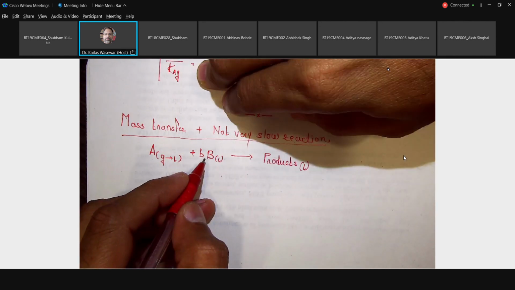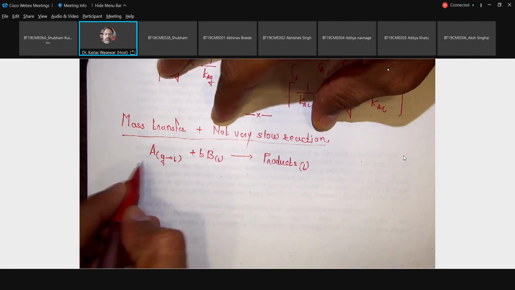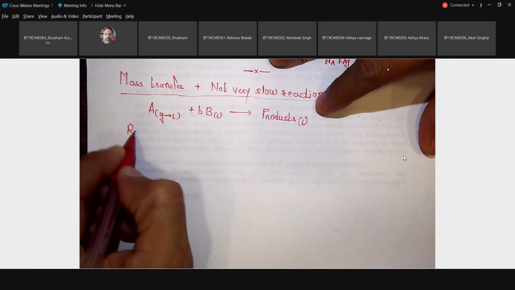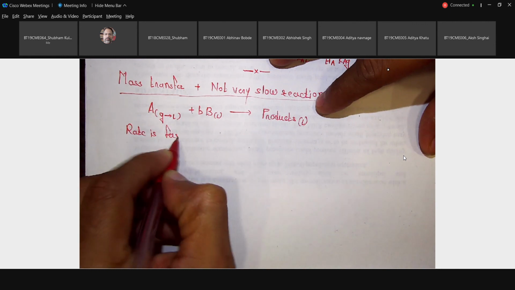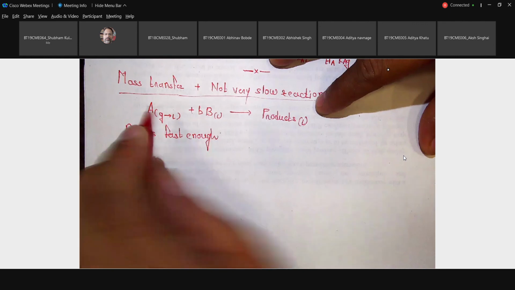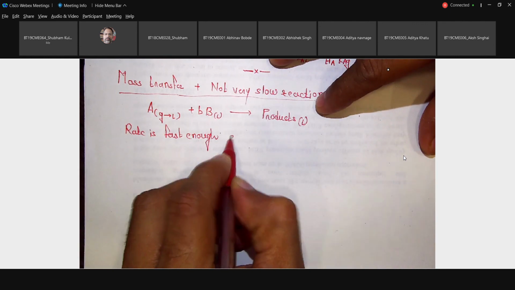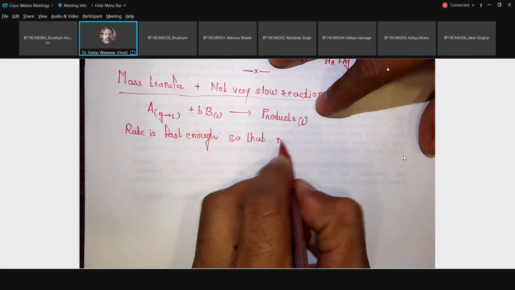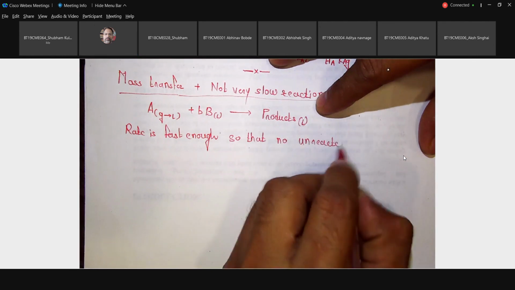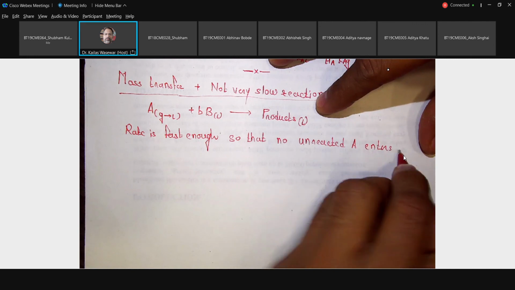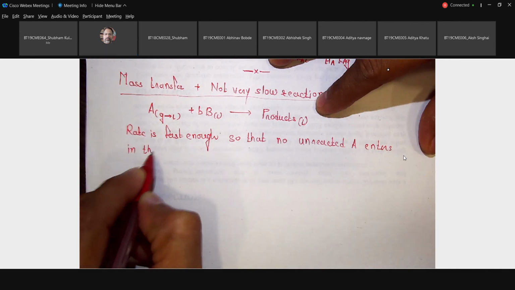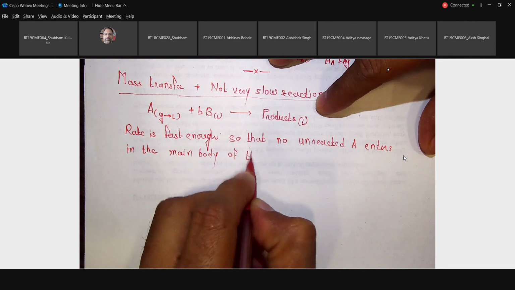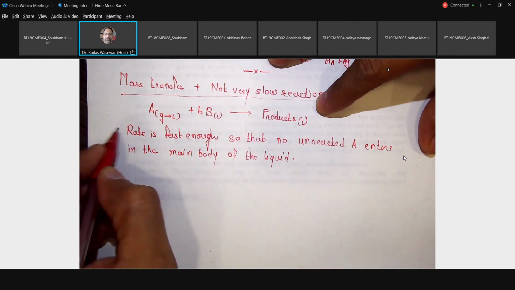So for such cases where the rate is fast enough so that no unreacted A enters the bulk, this will be the condition that we are stating.